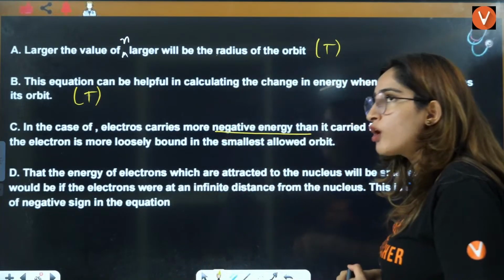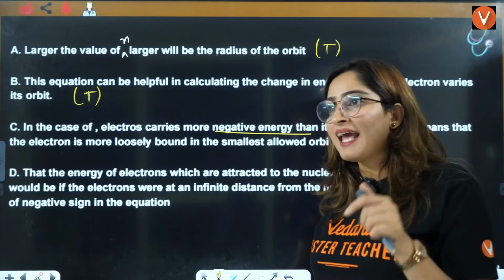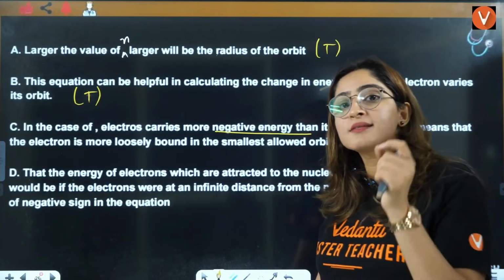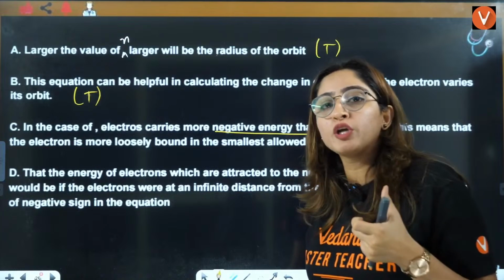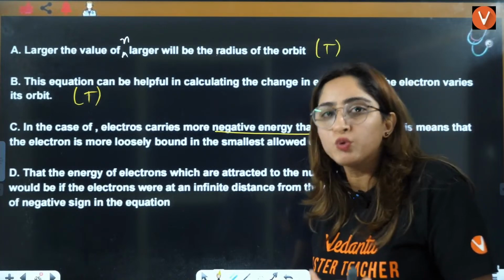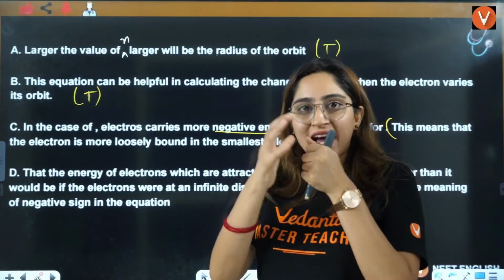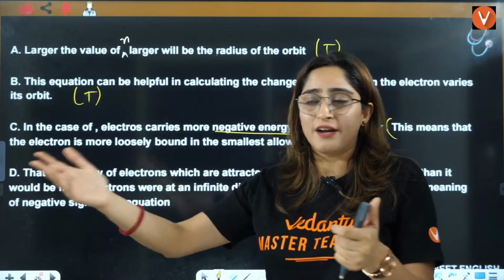So electrons which are closer to the nucleus have more negative energy. That is the reason. Now what it symbolizes is that closer to the nucleus means they are more bound to the nucleus, right? Closer to the nucleus means more attraction with the nucleus. Away from the nucleus will be less interaction.